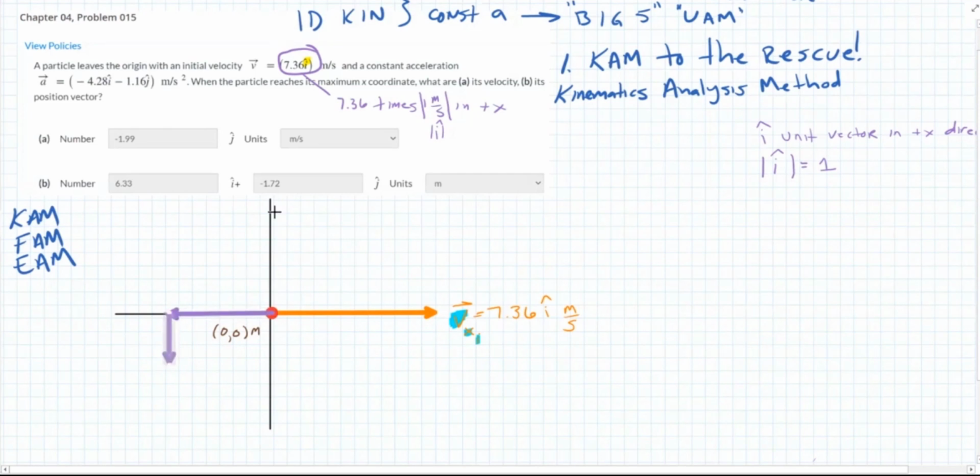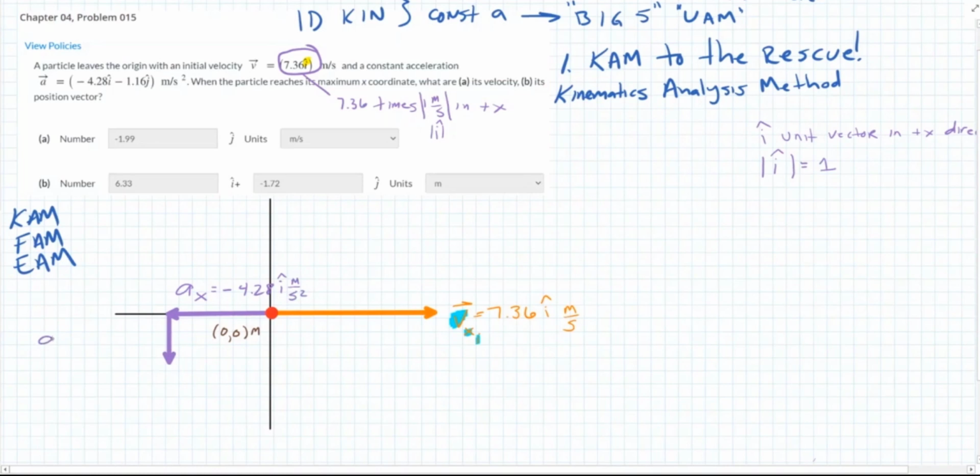All right, that looks good enough. So I'm going to write this: A sub X equals negative 4.28 I hat meters per second squared.